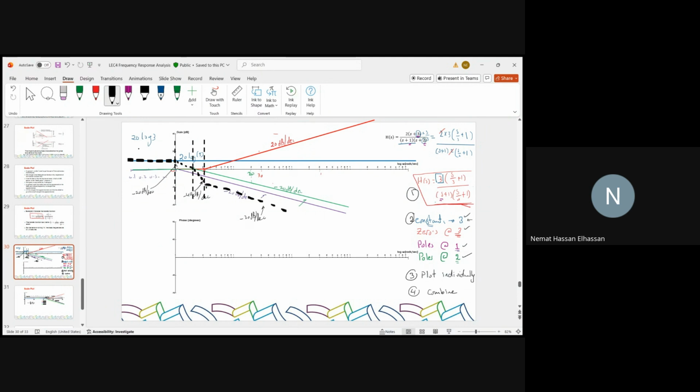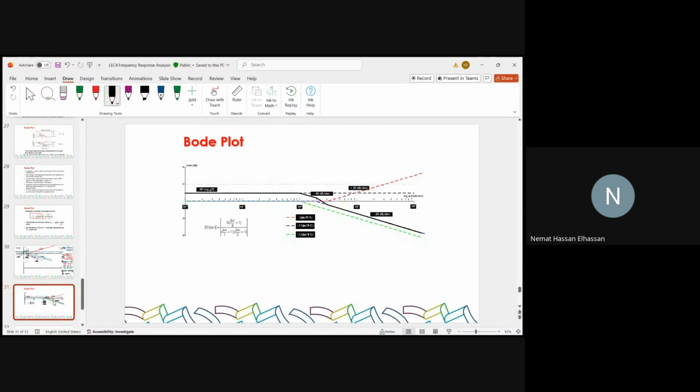And this single black line represents the total gain Bode plot, which is similar to exactly what we have here. So here we have a single constant. This line represents the constant. This line represents the 0 at 3.